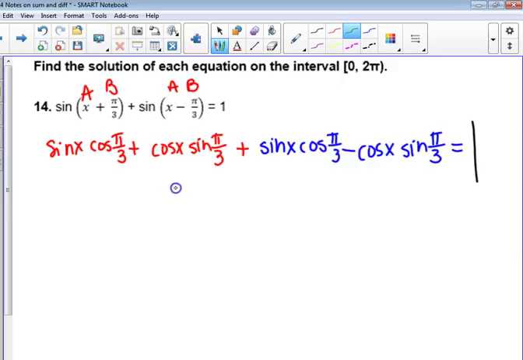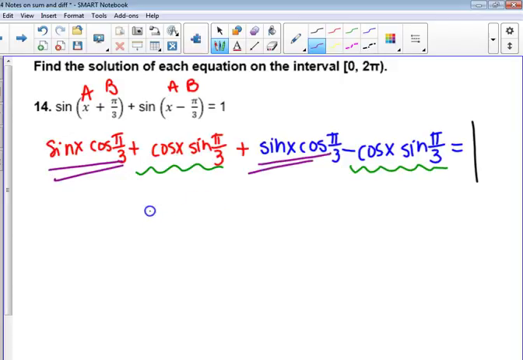Something does cancel, right? This and this are the same. And the other good news is these are also the same, yes? So we have 2 of those. Yeah, we could divide by 2 now or later, doesn't matter, because what is this going to become?